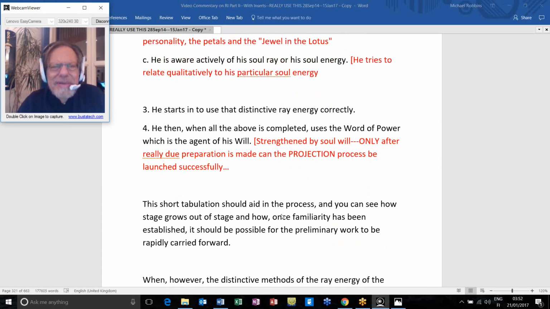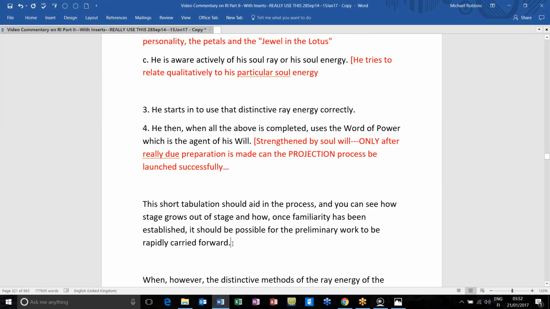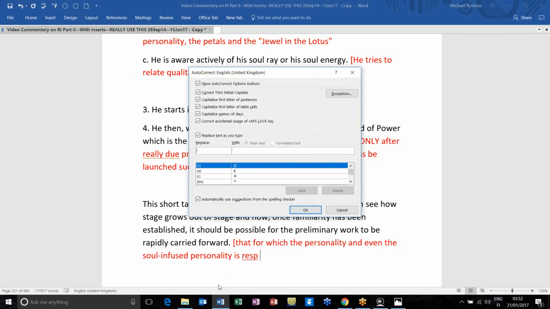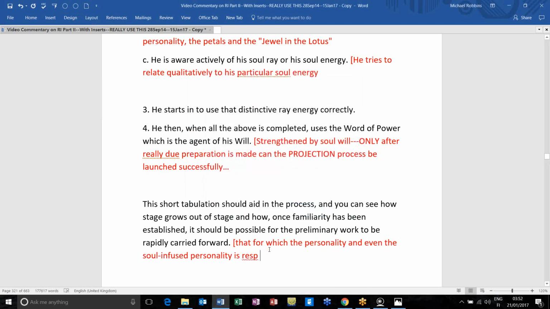The preliminary work, okay? That for which the personality and even the soul-infused personality is responsible. And there is another one of those words. I simply have to put that in, don't I? As it's only when a real sense of responsibility takes over in the consciousness that the soul is becoming active in the life of the personality.